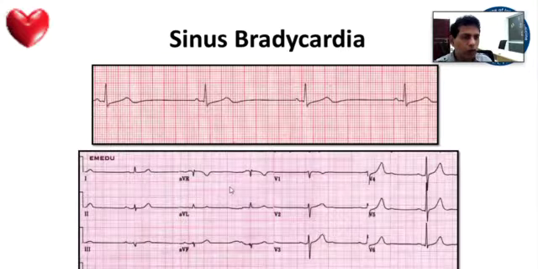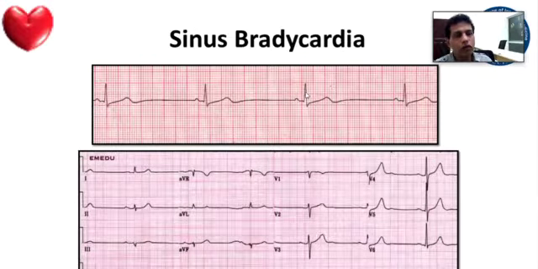But if you look at the upper panel, what the heart rate is like, we call it sinus bradycardia because this is sinus rhythm. You can clearly see a PR interval, a constant PR interval, and a clear P wave. So this is a sinus rhythm. And if you look at the large waves, you can see 1, 2, 3, 4, 5, 6, 7, 8, and more than 8, close to 9.